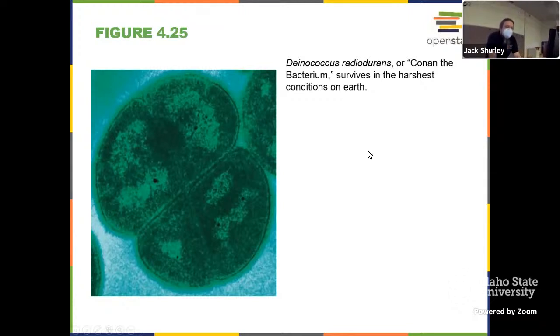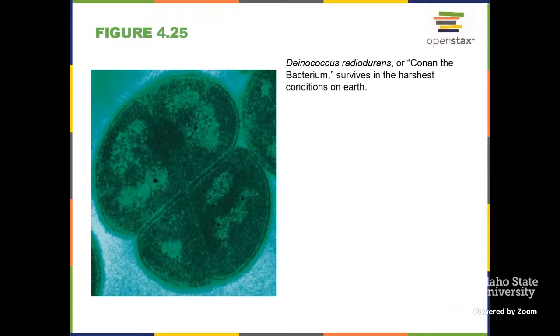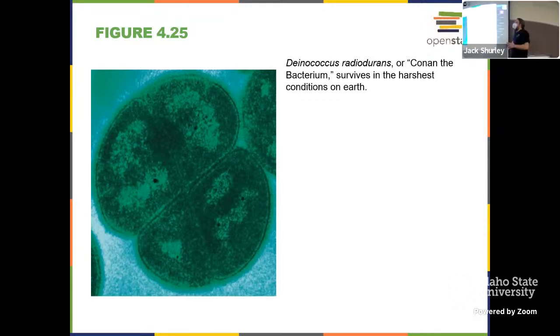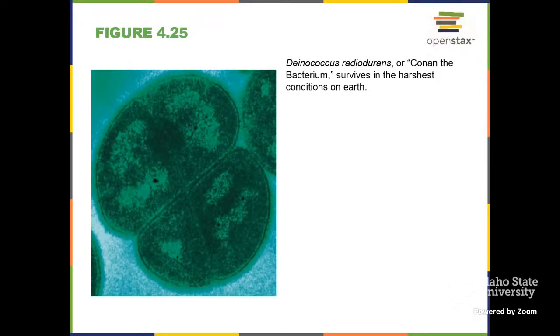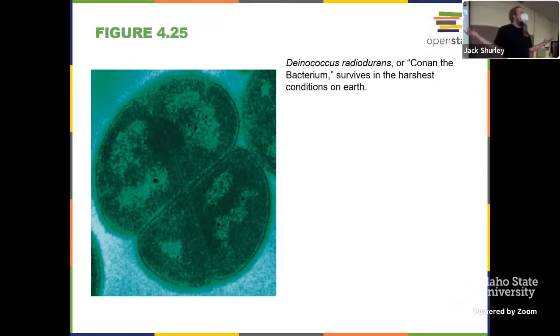Deinococcus, these guys, I always just have to step back and wonder what in the world is happening here. Deinococcus radiodurans, they say the Conan of bacterium. It's just crazy to think about this type of organism and how it could ever survive such inhospitable habitats. Deinococcus radiodurans is an extreme radiation lover.